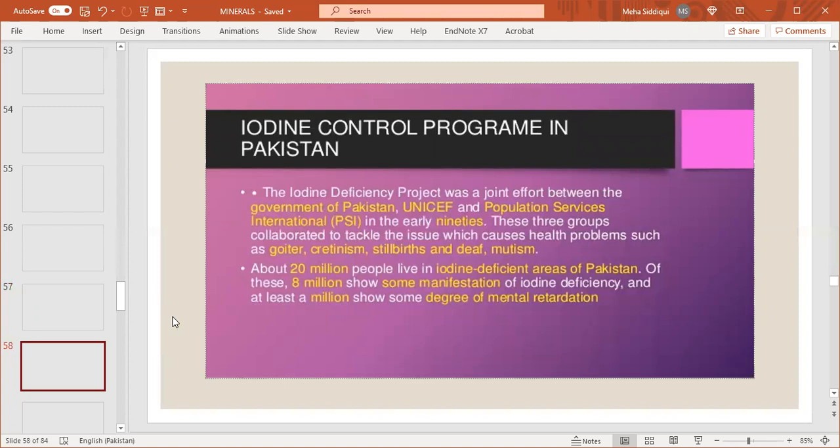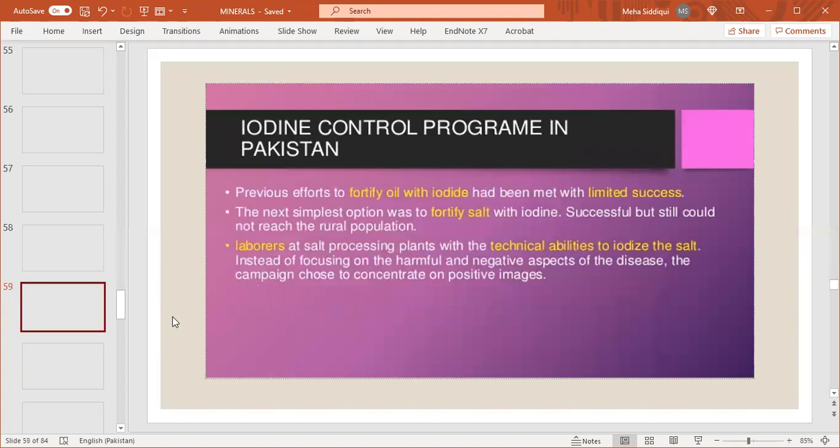Of these, 8 million show some manifestation of iodine deficiency and at least a million show some degree of mental retardation. Previous efforts to fortify oil with iodide had met with limited success. The next simplest option was to fortify salt with iodine, which was successful but still could not reach the rural population. Laborers at salt processing plants had the technical abilities to iodize the salt.